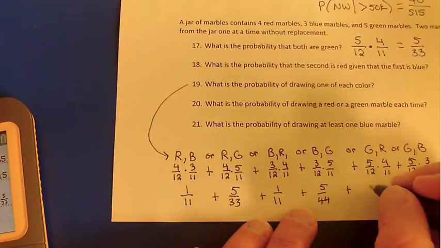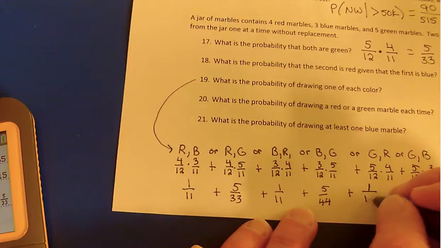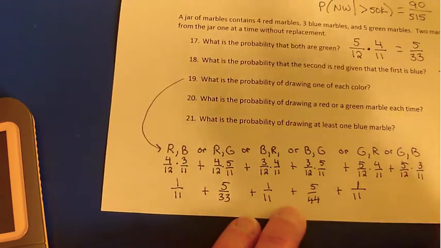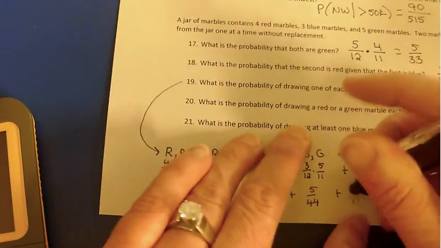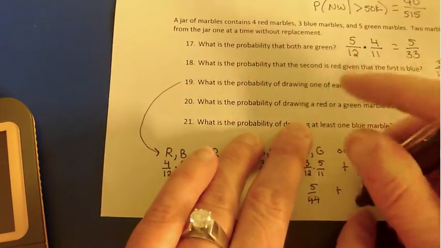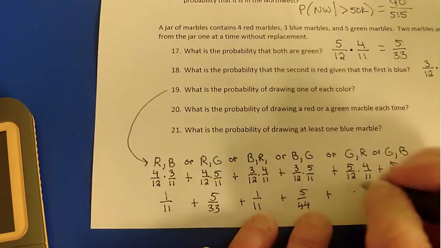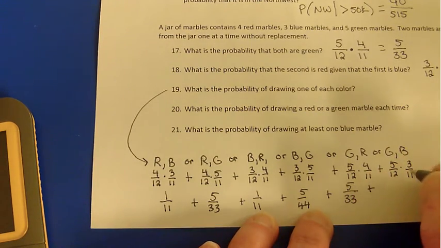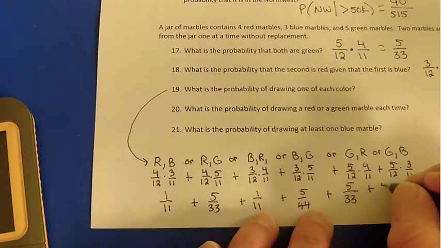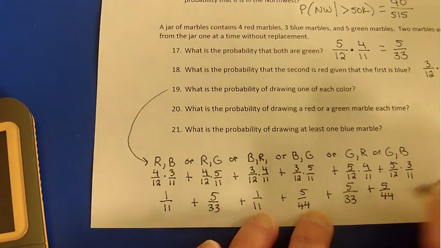And you could have put the whole thing in the calculator. I'm just being weird and doing them step by step. Oh, that's not right. I messed up there. That would be 5 out of 33 again. And then this one would be 5 out of 44 again.